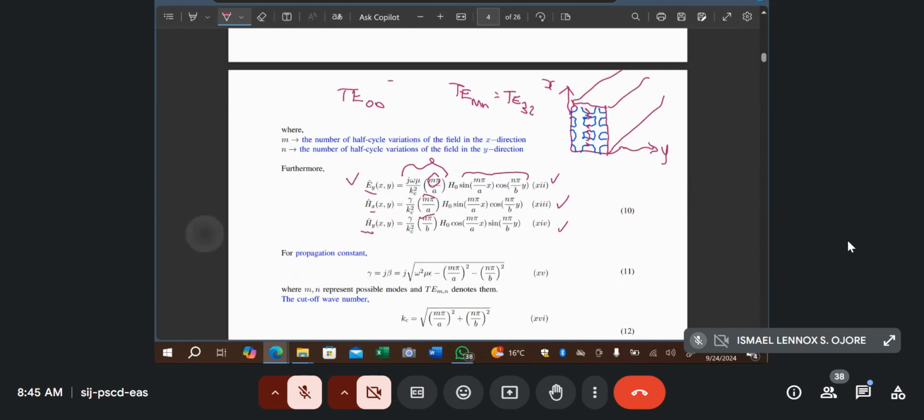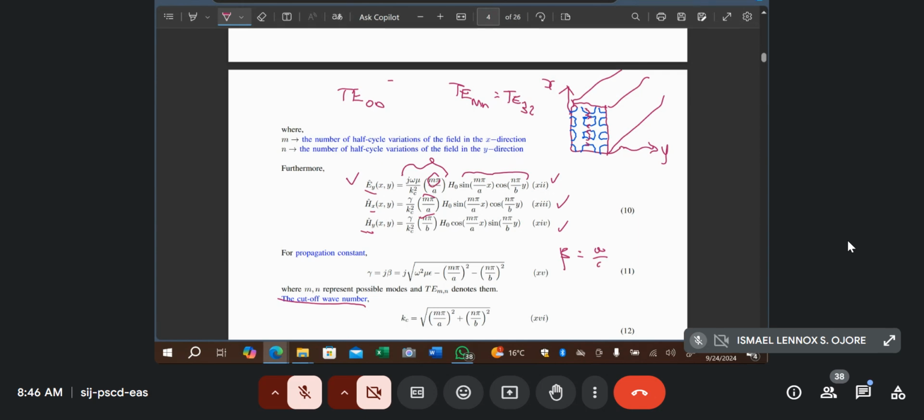So for propagation constant, remember, here no attenuation. We assume there's no attenuation. So what would happen when we are writing the propagation constant? This is just the point at which the wave begins to propagate, we want to determine the cutoff wave number. So what we are saying is there's a certain frequency at which the wave begins to propagate. What does that mean? Remember, beta is omega over c.